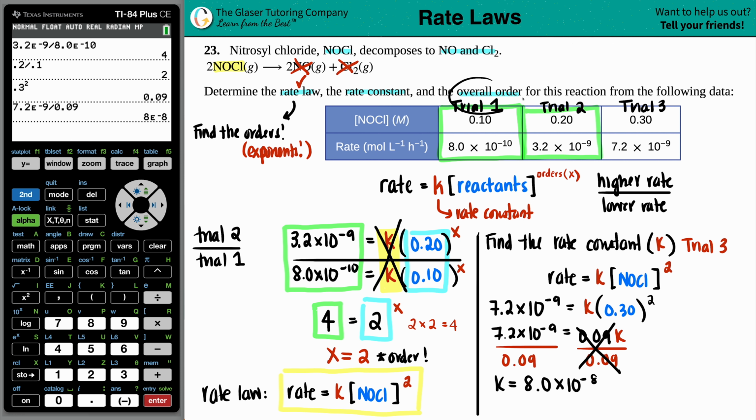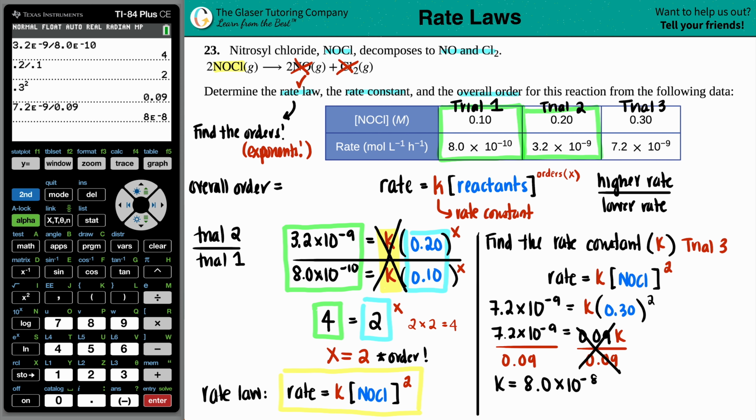So we'll find out the overall order first, and then we'll go back and fill in the units of K. You can always find the units of K by using the same rate formula, plugging in the units and solving. I think it's a little easier to just memorize your K units with your overall orders. So we're just going to find out the overall order over here.